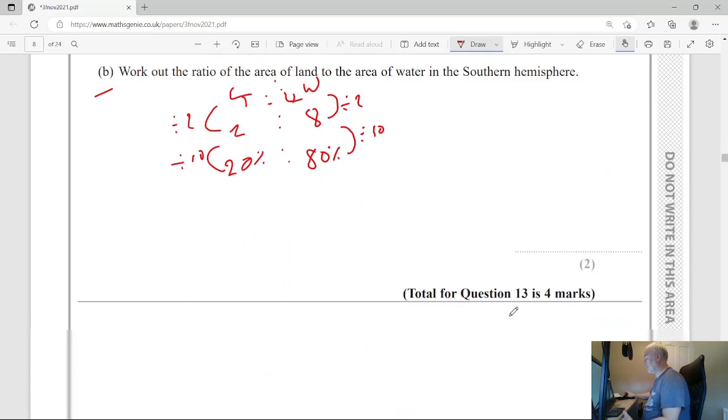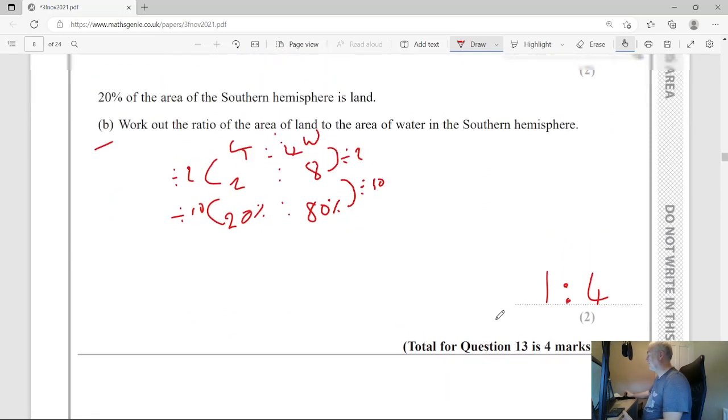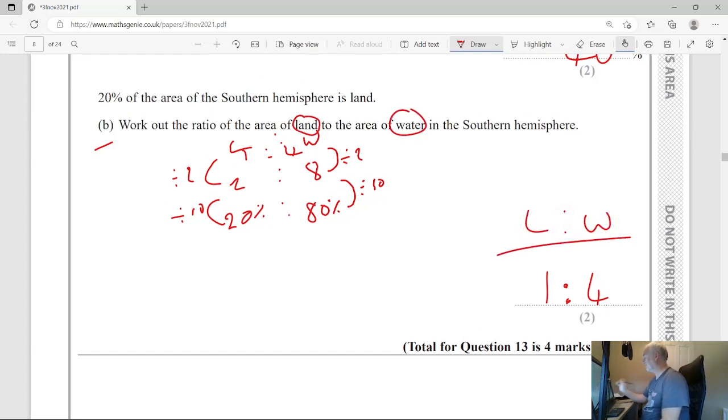So my ratio in its simplest form would be 1 to 4. And remember, we're still doing area of land to the area of water, land to water. It's very important that you actually get the ratio in the right order from the question. That's going to come first, that's going to come second. So that's a very important thing to get.